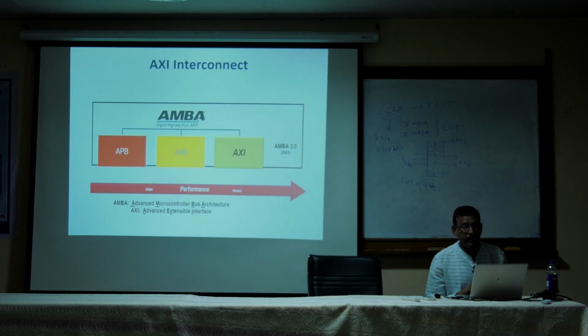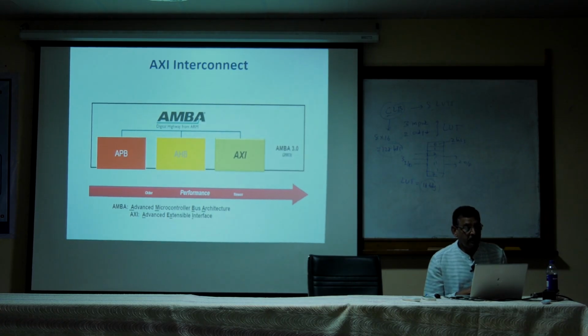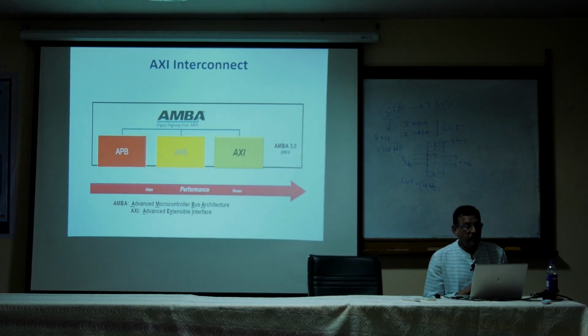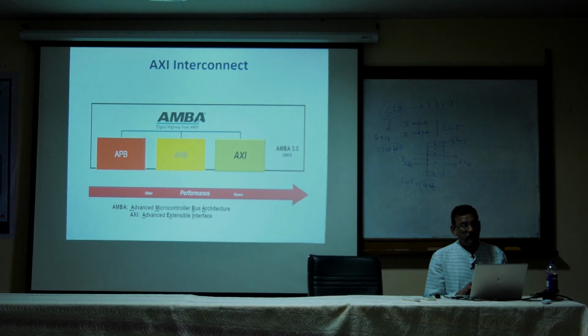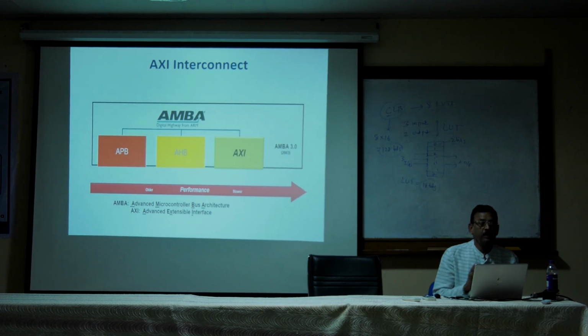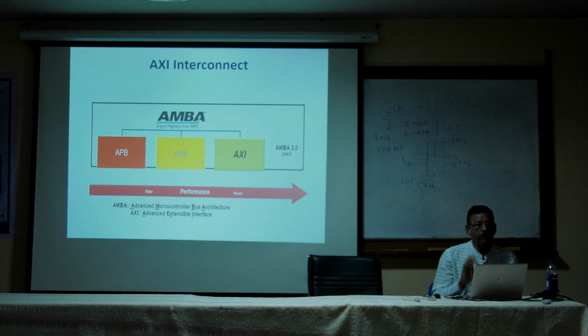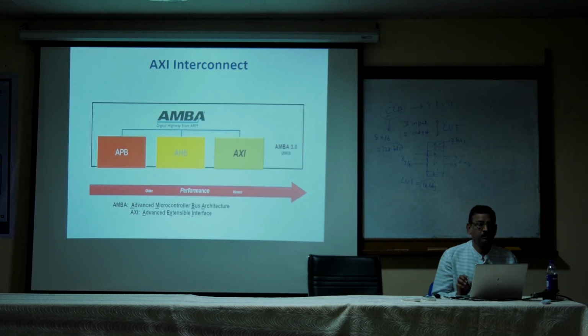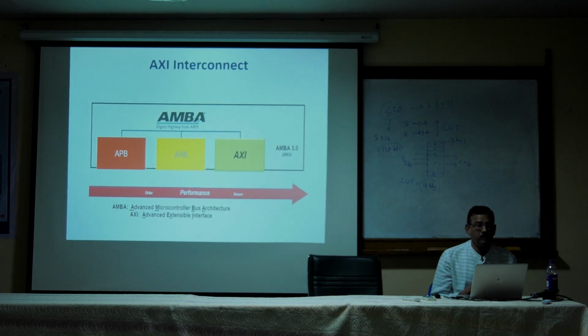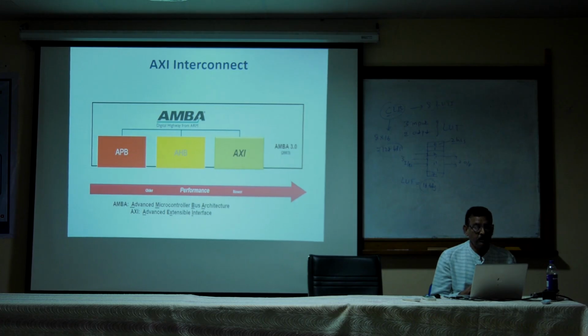These are the bus interfaces from the AMBA bus architecture: peripheral bus, high performance bus, and AXI bus.